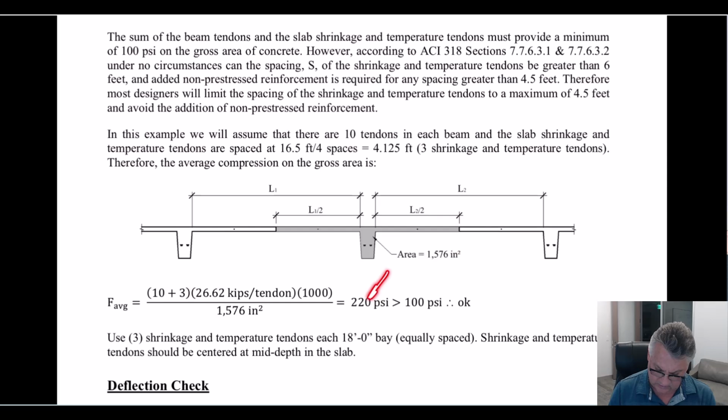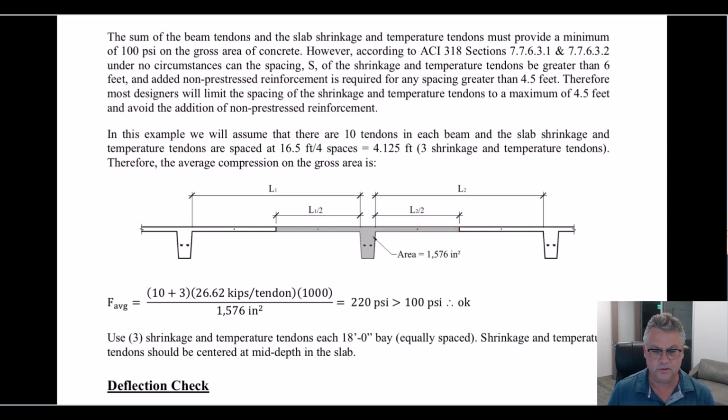And we easily satisfy the 100 psi. So from that perspective, we have enough pre-compression to satisfy the code. The code just says you need 100 psi and you're okay. We're at 220, but the kicker is we can't space these out any farther than 4.5 feet.